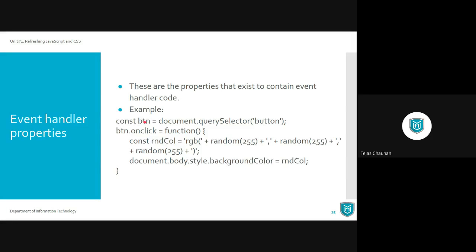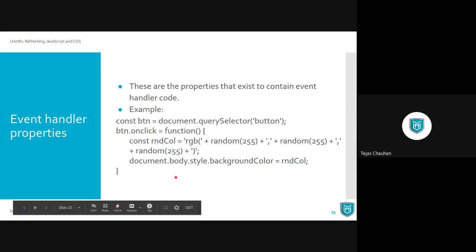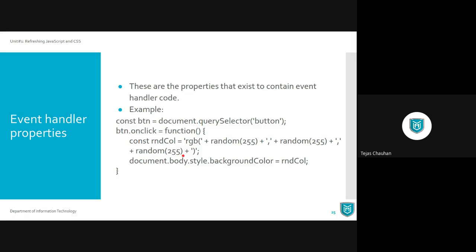And once you have that element, you define its event property. So element dot, and then whatever event property you want to access. So button.onclick, and then we define the entire function, whatever we want to execute here. Right? So this is the second way of applying an event to any element, and this is the event property.